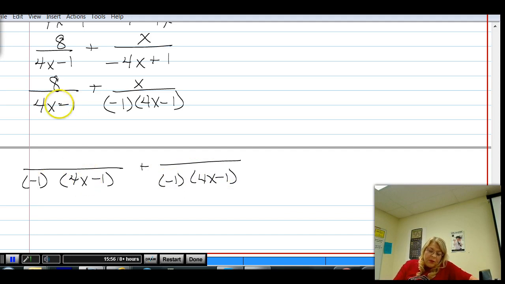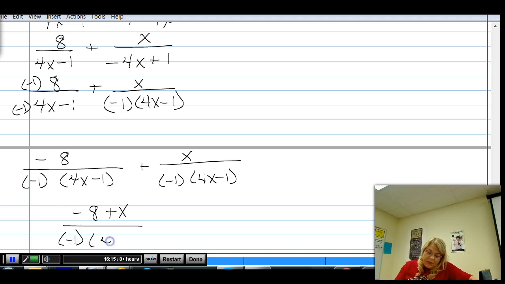This one needed to be multiplied by a negative 1, so this needs to be multiplied by a negative 1, giving me negative 8. This one had all of its parts, so it's x. So I get negative 8 plus x as my numerator, and I get negative 1 times 4x minus 1.